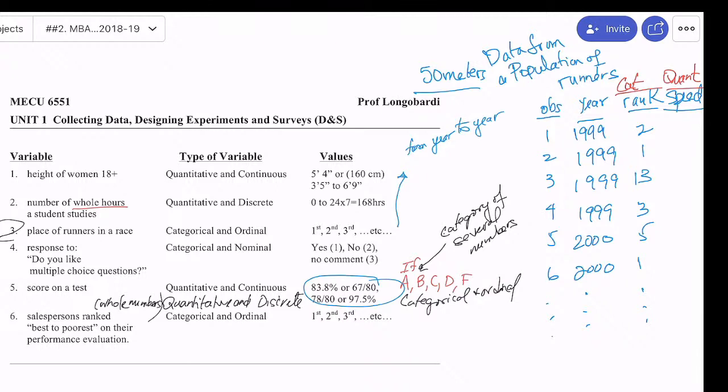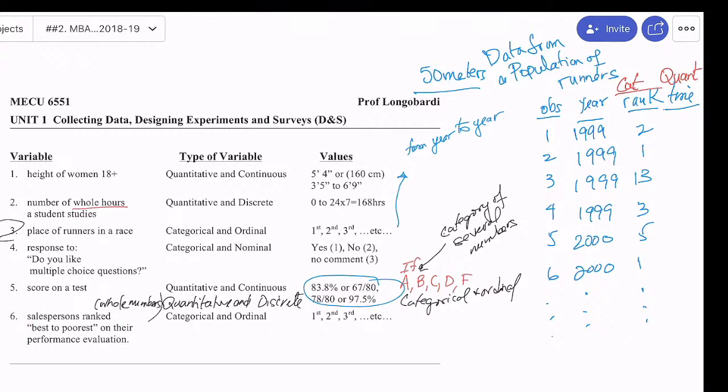That's like the time. I guess that's the right variable, not speed. So the one with the lowest time, like the fastest, okay, and then we have the salesperson ranking as categorical.